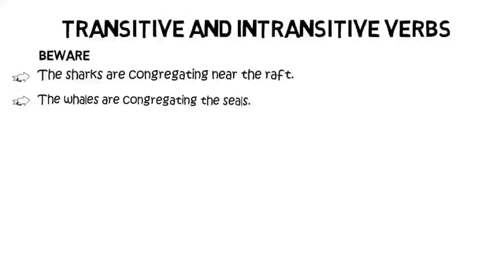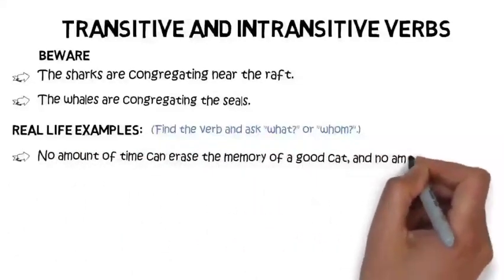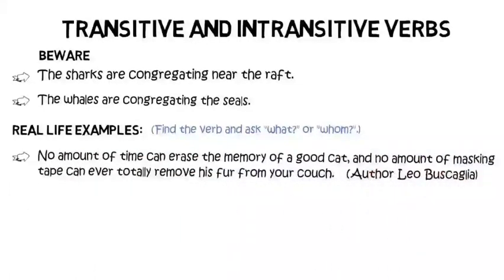Now go through these writings along with the speech. It will be a little slower than normal. Now you have to find out the verb and you have to ask what or whom. If you ask what or whom, in that case you will get the objects. No amount of time can erase the memory of a good cat, and no amount of masking tape can ever totally remove his fur from your couch.